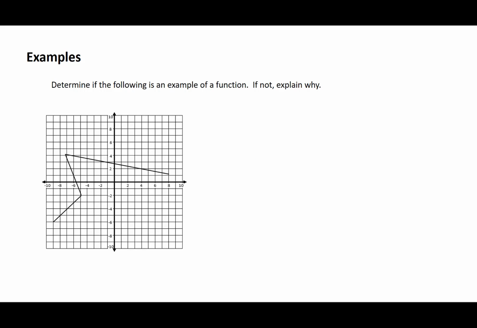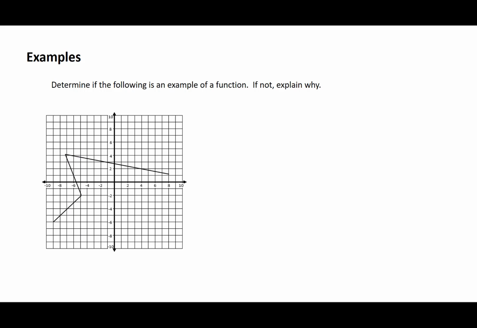Let's look here. We're going to use the vertical line test again, because this is a graph. Is there anywhere on this graph that I could draw a line that it crosses in more than one spot? Absolutely. There's a few spots, right? This whole range from -7 to -5, it crosses in 2 to 3 spots on the relation.